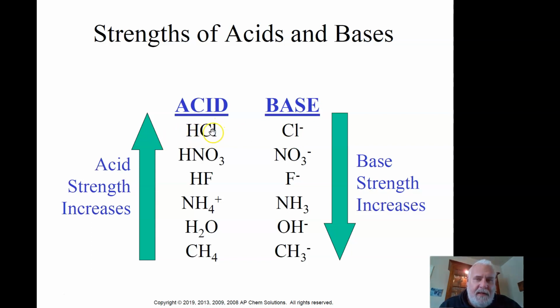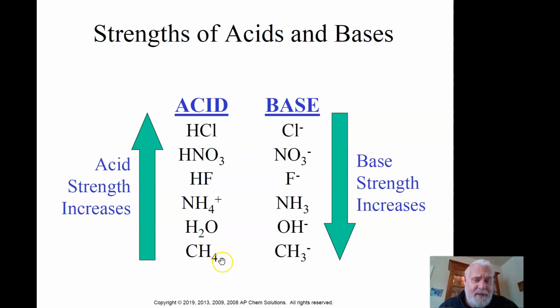This already gave that up and did this, so it's not going to happen in reverse. But if you look down here, water, of course, is a very weak acid, and that water then will turn into OH, which of course we know is a very strong base. It's the definition of being a strong base if you're just an OH ion floating in solution.